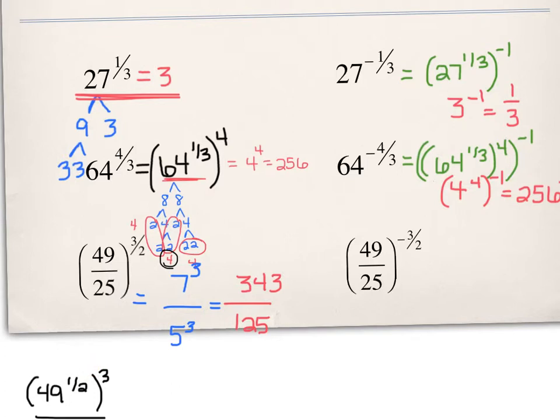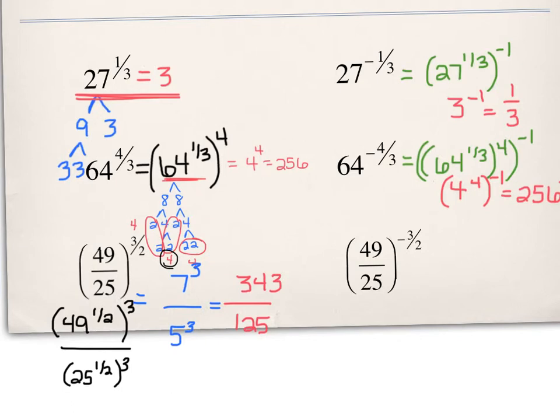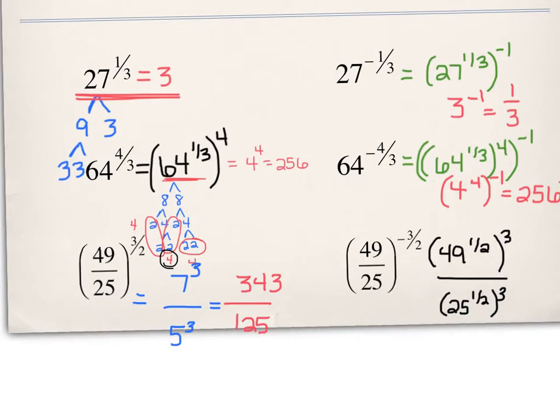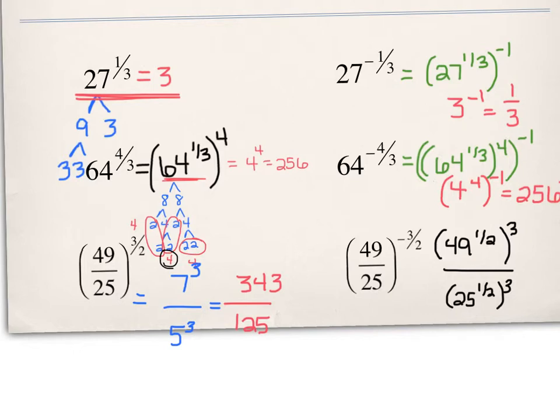I would split it up exactly like this, except I would also put powers of -1 on the outside. So this would come out to be, I'll just put it down here at the bottom, again, 7 to the 3rd over 5 to the 3rd, but we'd have those negative 1s sitting out there. Sorry, I'm making this very sloppy.